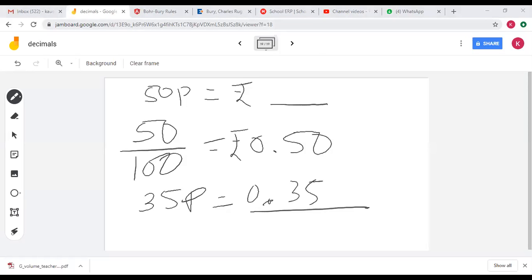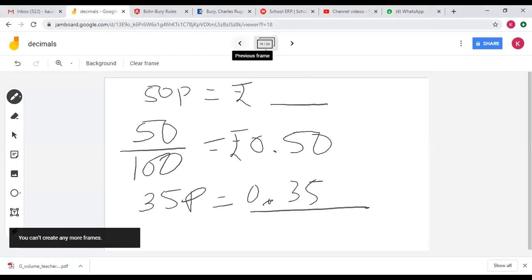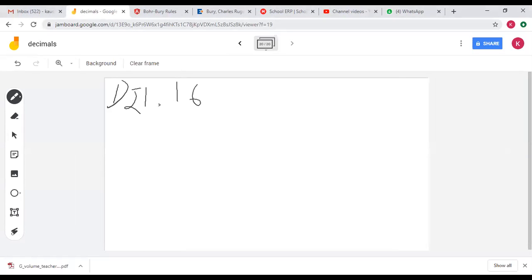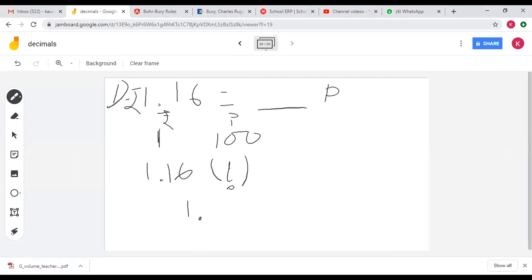So let's try some more examples. Rupees 1.16 is equal to how many paise? So we have to multiply it by 100, because 1 rupee is equal to 100 paise. We know that. Rupees into paise. So 1.16 is equal to how many? 1.16 into 100.